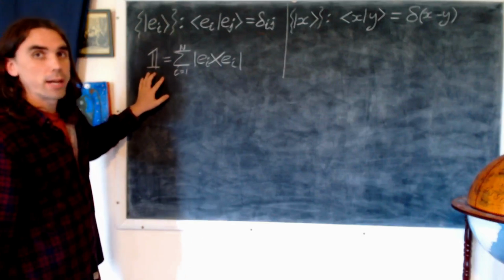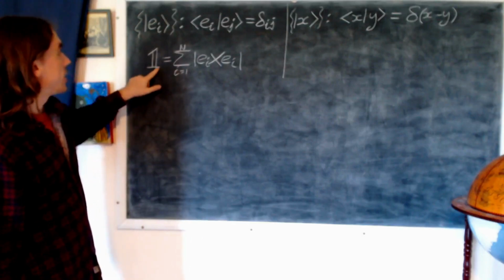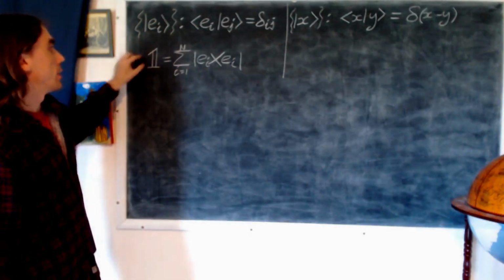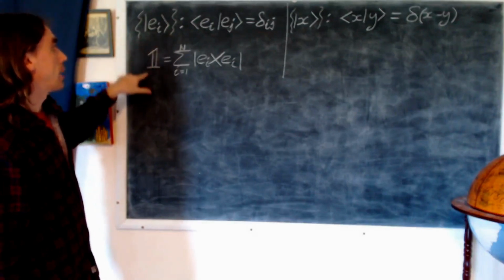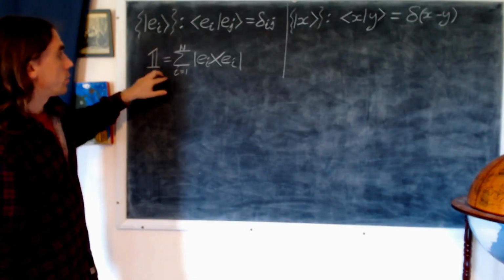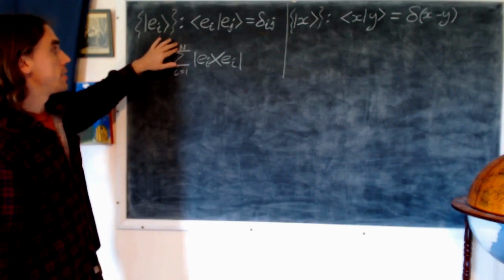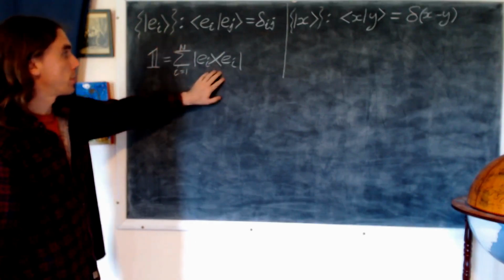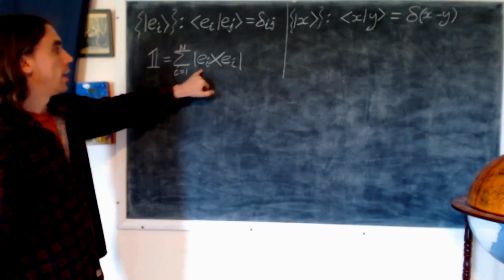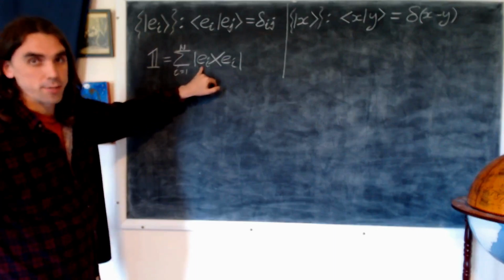Another relation we have in the finite dimensional case is that the identity matrix, which we can denote with this blackboard bold 1, is equal to the sum from i equals 1 to n, where n is the dimension of the space, of the outer products of the normalized basis vectors.